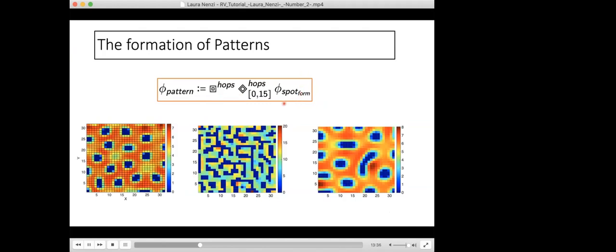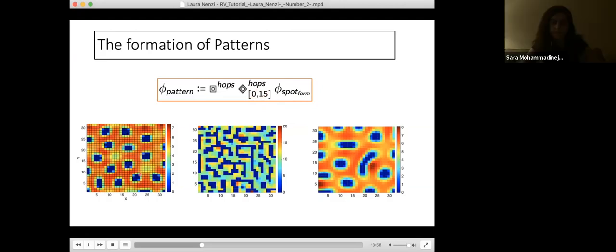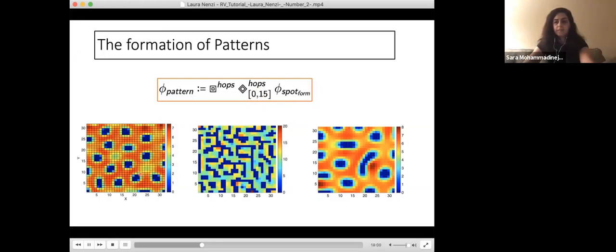So this means that each node in the grid should be connected to a node at a distance less than 50 where the spot property holds. And this value corresponds to the maximum distance between the spots. So in this way we can describe a global property.